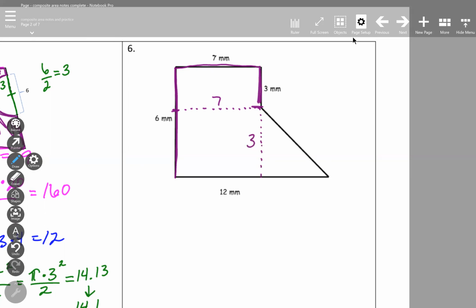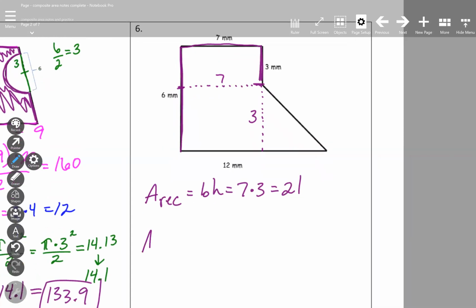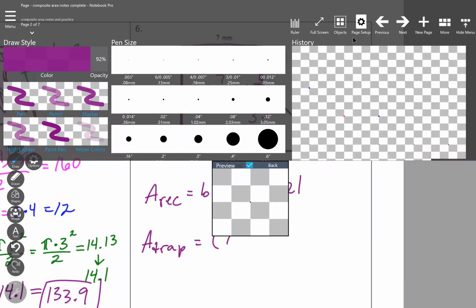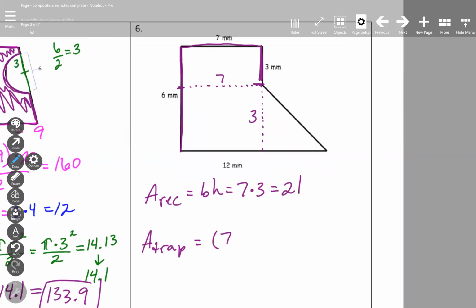So that's my height. So I'm going to do the area of the rectangle, which again is base times height. So 7 times 3 is 21. And then I'm going to do the area of the trapezoid. So it's base 1, 7, plus, and then the bottom base is 12. And then the height is 3.